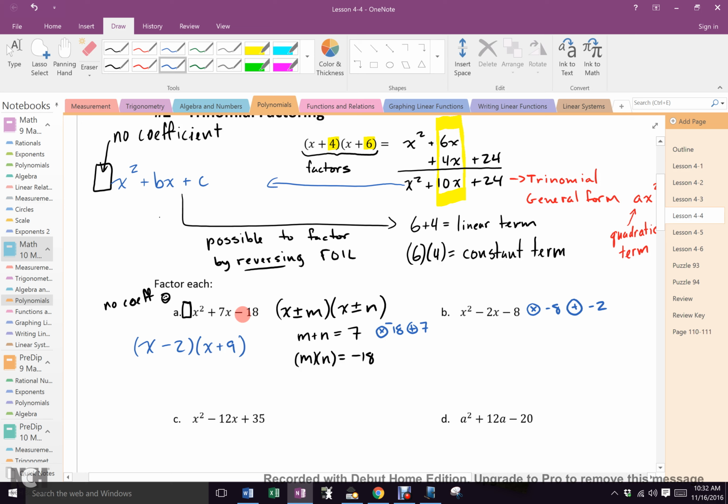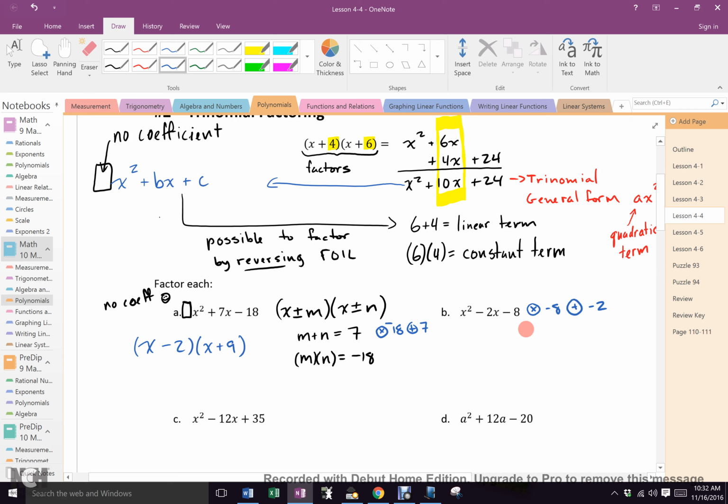But if I gave him this to factor, negative 2 and 9, right away. Then you know what's weird? He would never write it out properly. Ever. But he was a wizard of factoring. So stay cool.